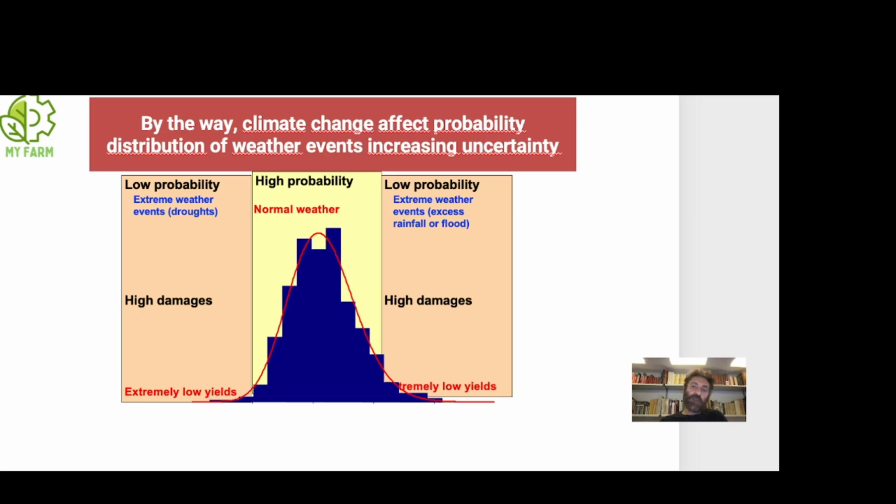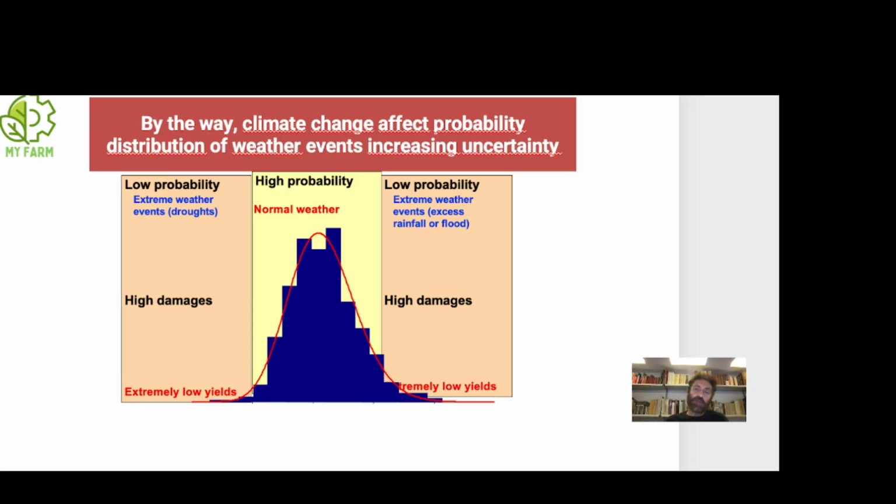So we will consider extreme weather manifestations as all weather conditions that have been registered in the tail of the distribution. So in the tail of the distribution we have a very low probability for these new conditions to happen.